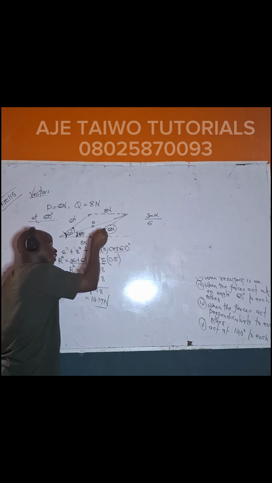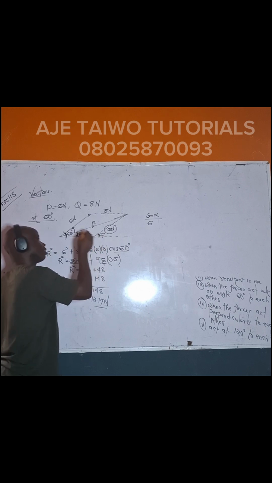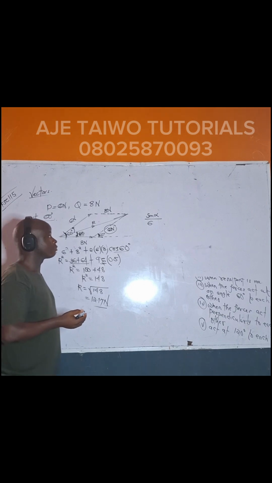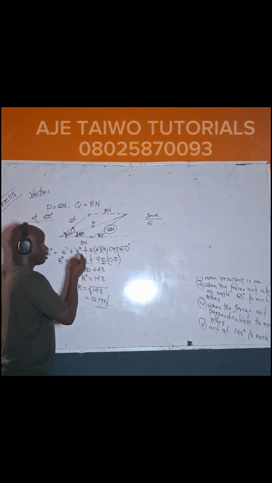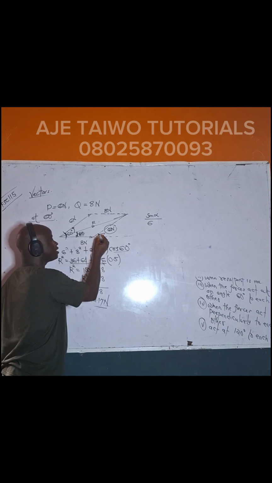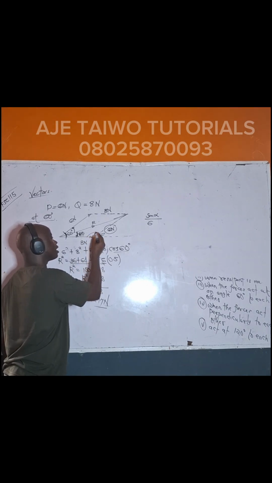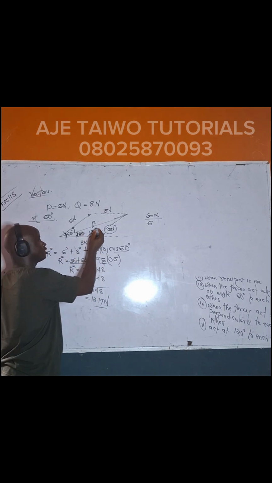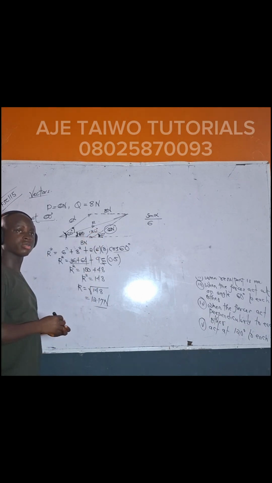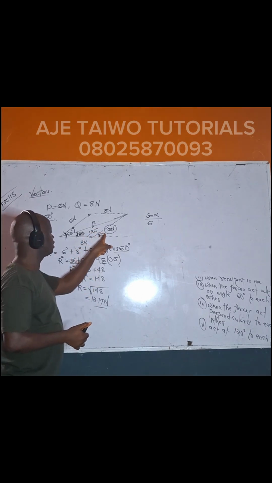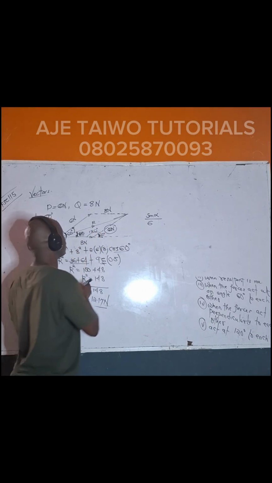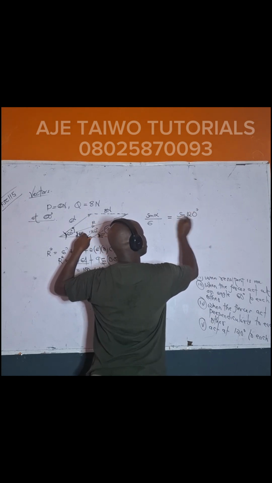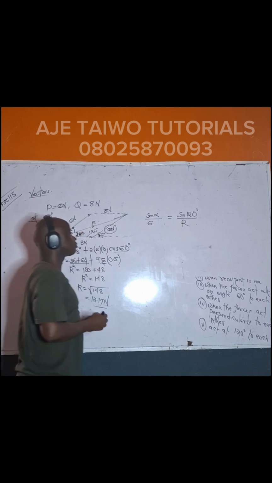Therefore, the angle this line and this one make must be 60 also. So if here is 60, what will here be now, class? 120 degrees. If here is 60, here is 120. So I will say what? Equals sine 120 all over R.